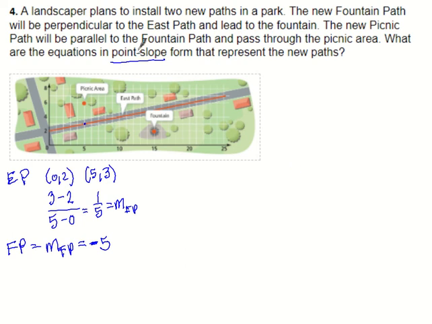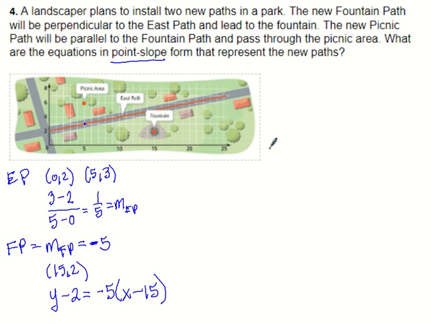And then I want to write an equation in point slope form for that. So let's take this point right here that the fountain path is at, which is 15, 2. Right, so the point is 15, 2. And then we're going to write in point slope form. So I'm going to go y minus 2 equals negative 5 x minus 15. Done.